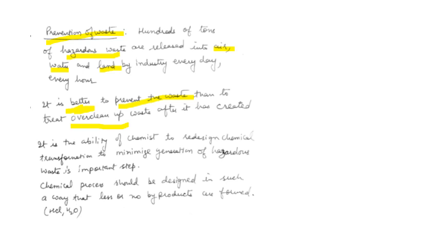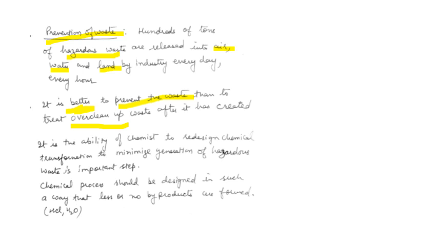So that should not be adopted for green chemistry. If we are talking about green chemistry, it should be minimized. It should prevent the waste. It should not be cleaned up and just thrown into the environment. So that is not the safer rule. So for green chemistry, it should be minimized.